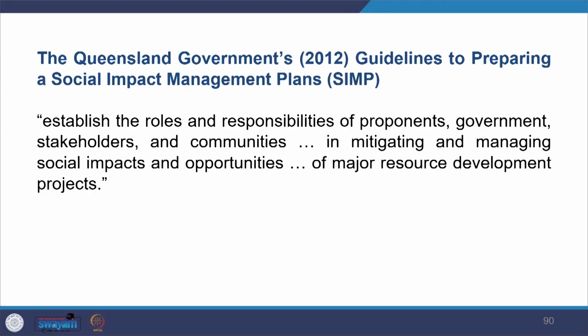You can see examples from Queensland, which created an environmental impact statement process, and a social impact management plan is an integral part of the EIA process itself in that particular country. You can find the guidelines for preparing this social impact management plan, so this guideline is provided to you, and you can also look at it.